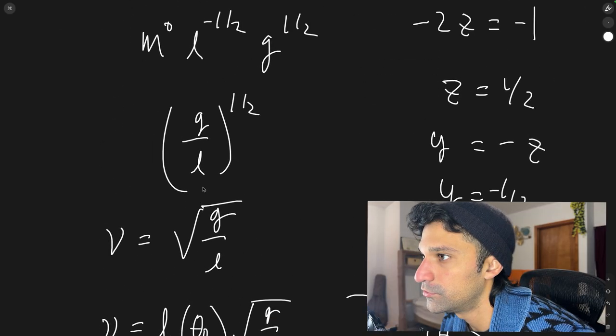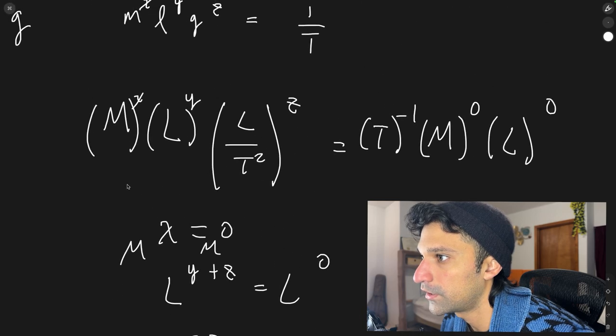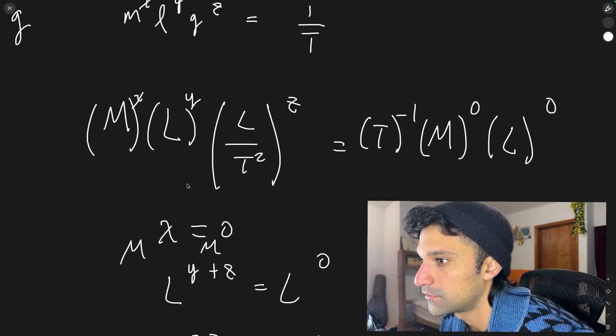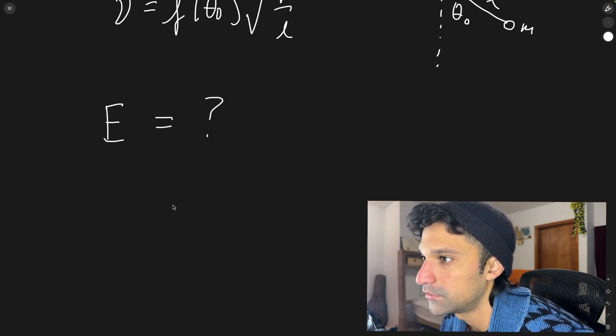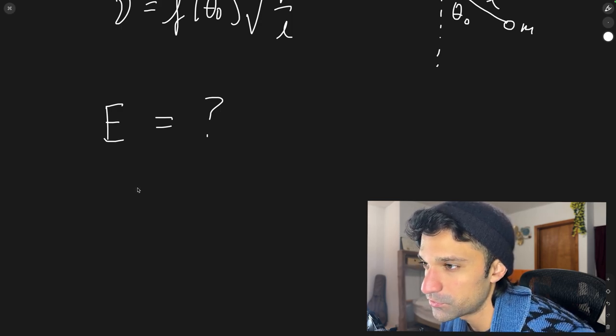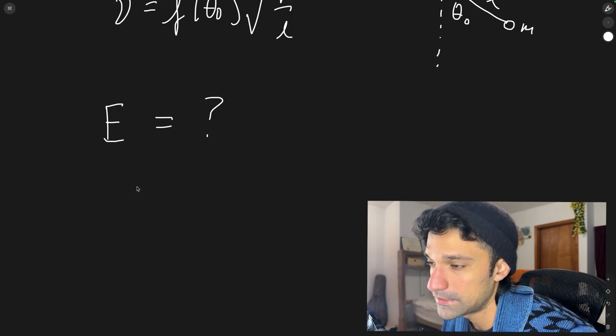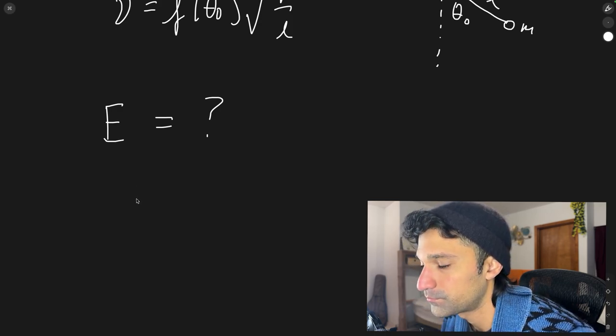You're going to want to do what we did over here, right? So maybe you're not sure what the units are for energy. Well, energy is also equal to work, and work is equal to force times distance.